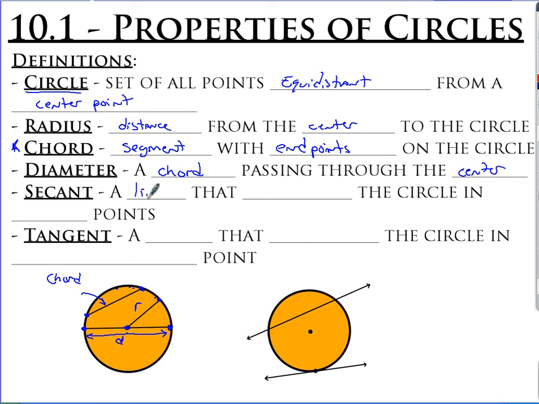So it's a line that intersects the circle, or passes through the circle. We call that intersects. It intersects the circle at how many points? Two. If it's a secant, you're going to cross through the circle and touch it twice. So this is at 2 points.